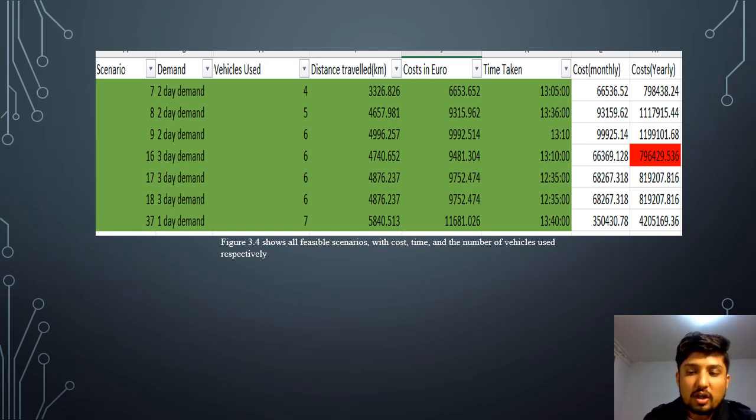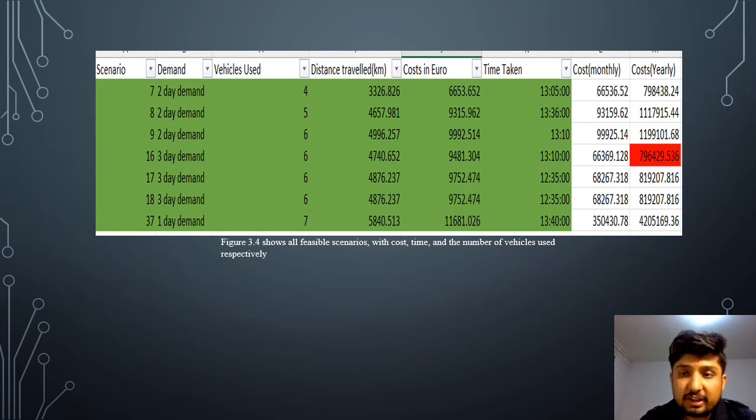So the cost for operating one time comes out to be 2 euros multiplied by the distance traveled in each scenario, which comes out to around 6,700 euros in case of scenario 7. And we can see the cost per operation for all the scenarios. We can also see the time taken for each operation for all the feasible scenarios, which is around 13 hours max, or 13 and a half hours max.